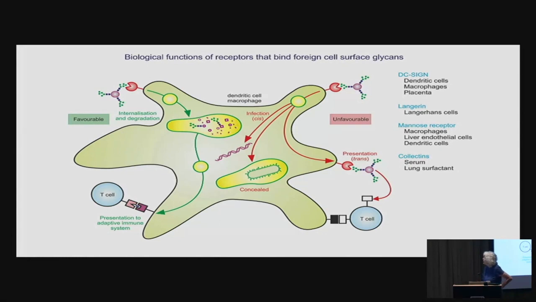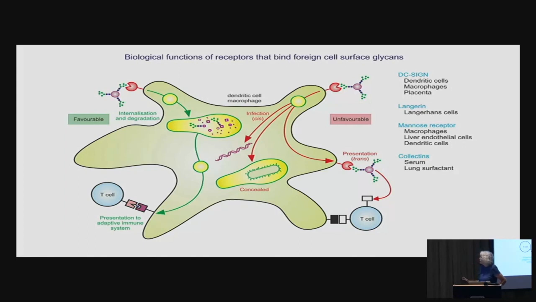These are all cell surface receptors which can recognize sugars on pathogens and lead to them being either internalized and destroyed, which is a favorable outcome, but in some instances the outcome is unfavorable.